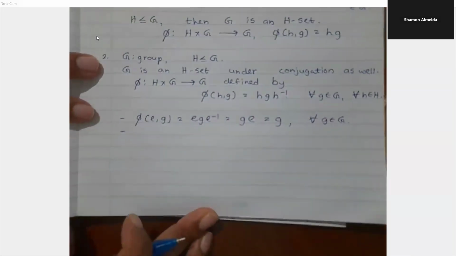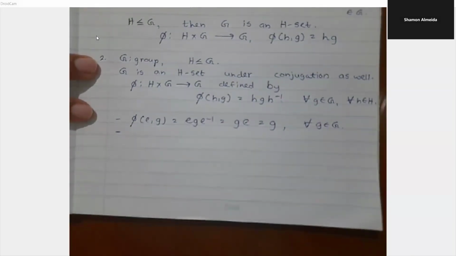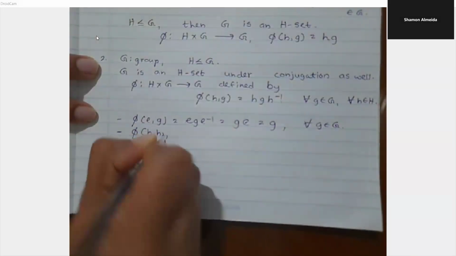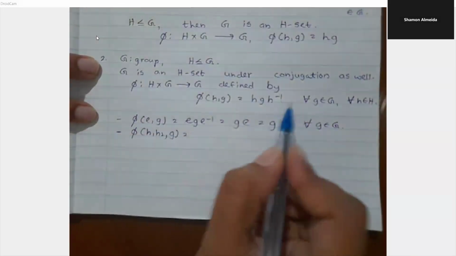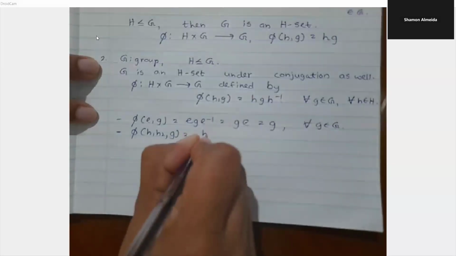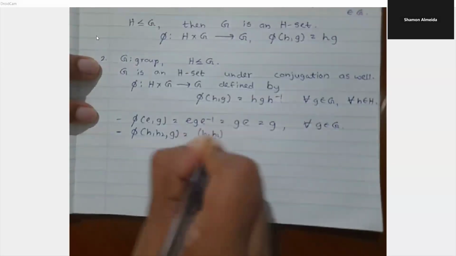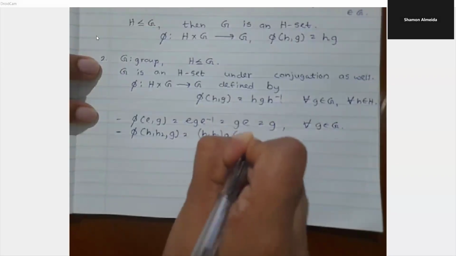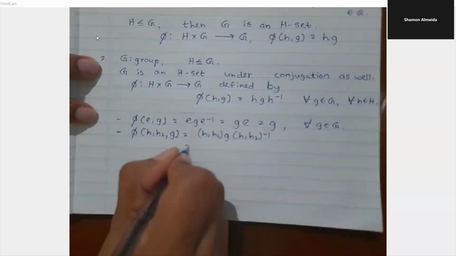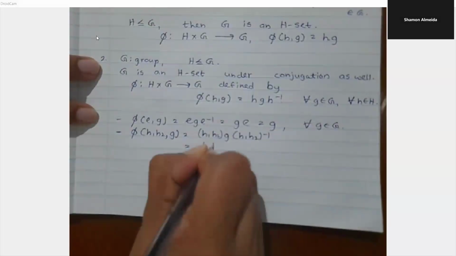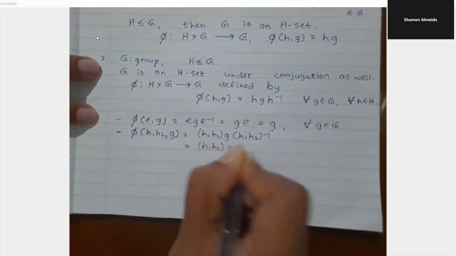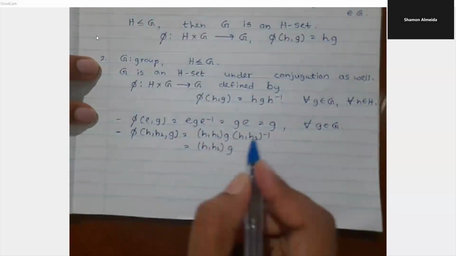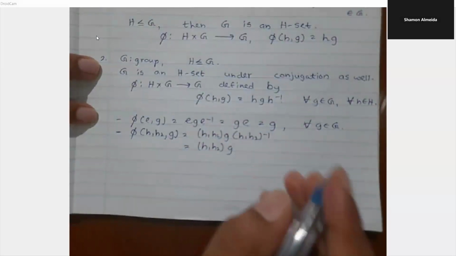Now to see the second condition is also satisfied, let's take any two elements h1, h2 from H and g, an element from G. Phi of (h1 h2, g) is by definition h1 h2 times g times (h1 h2) inverse. This is equal to what? h1 h2 g, and when you find the inverse of the product, what do we have?